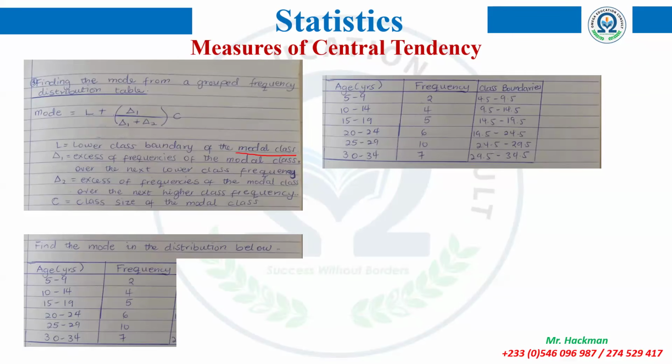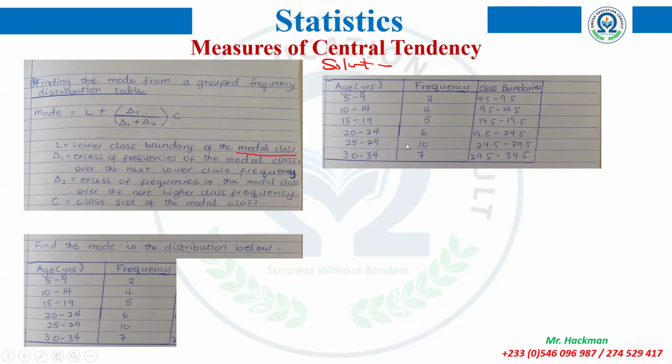Yes, please. Okay, very good. So in this case, let's see how best to use this formula. Solution, that's the first thing that you write. The next thing you are supposed to do, whenever you are dealing with a grouped frequency distribution table, is to always extract the 2 columns given.